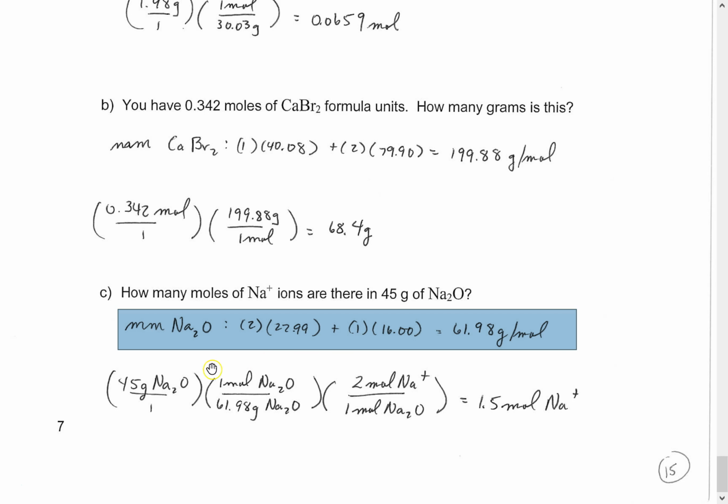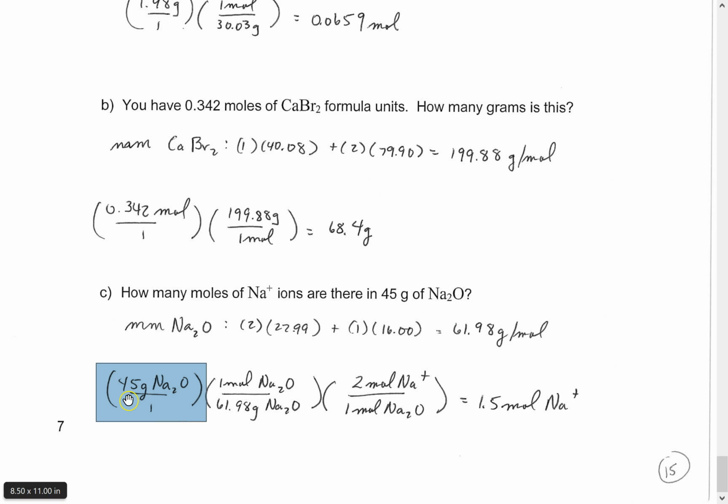Now to work this problem, we're kind of bumping up against this in Unit 4. I was careful to be, what I say, explicit. So instead of just putting 45 grams, I put 45 grams Na2O, and you'll see why. So then the next term is the molar mass. If I want grams to cancel, I have to put grams in the bottom. So 1 mole of Na2O over 61.98 grams Na2O.